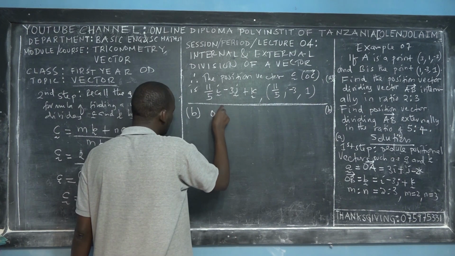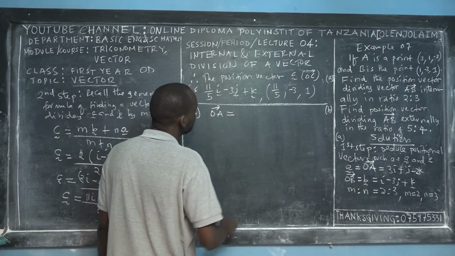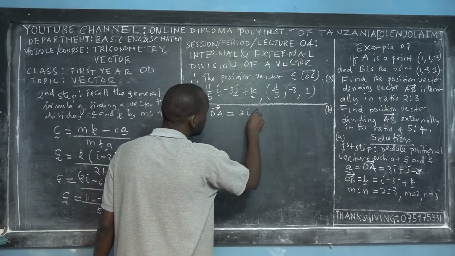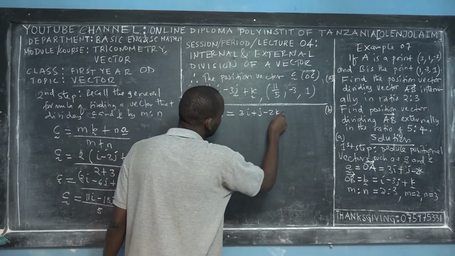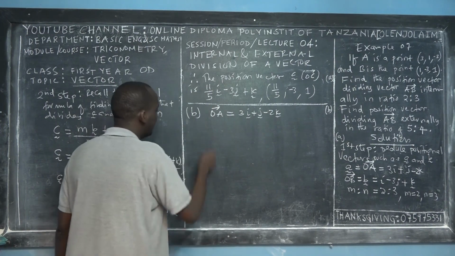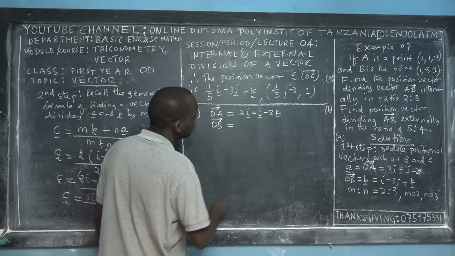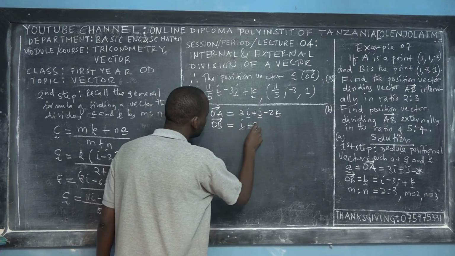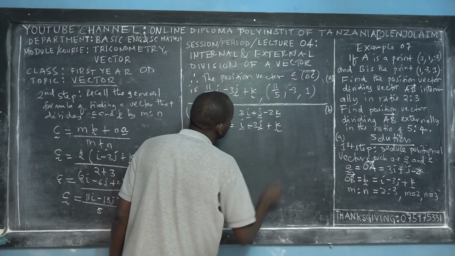Let us use this notation, positional vector OA. So it is 3i plus j minus 2k. Am I right? Yes. And then positional vector OB is equal to i minus 3j plus k.